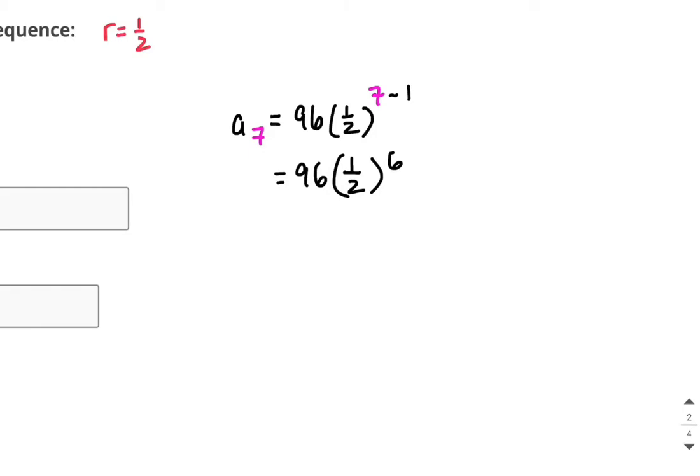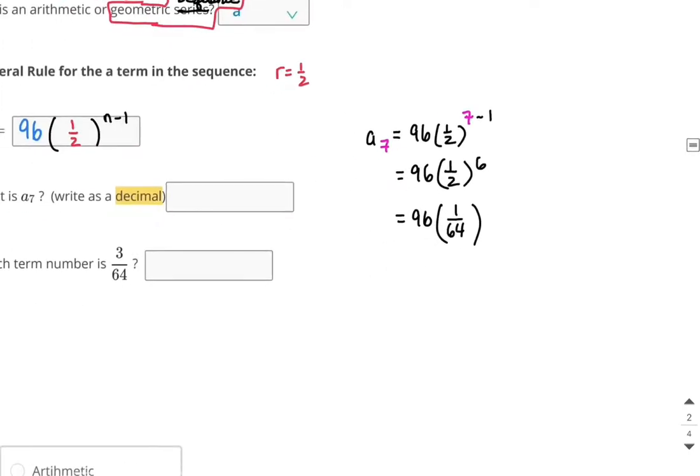So I know the numerator is going to be 1 to the 6th power, which is just 1. The denominator is going to be 2 to the 6th power, which is 64. And then I'm going to multiply that by 96. And I want to just give a decimal answer here, so I'm multiplying 96 times 1/64, or dividing by 64, and I get 1.5. So the answer here is 1.5.